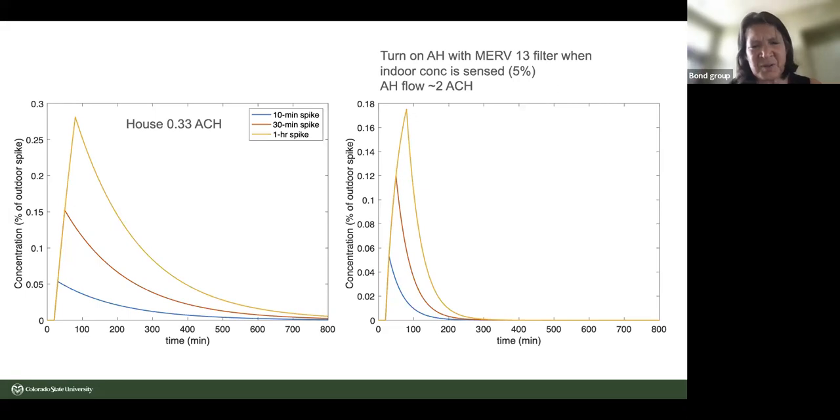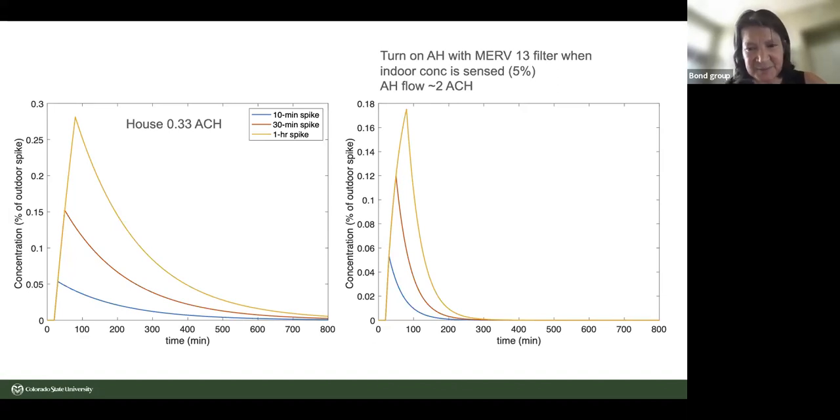Filter ratings go from low to 15 or so, and the higher the number, the better the filter is. 13 is pretty high for a furnace filter, but those filters are still not very good at removing the small particles that make up wildfire smoke. So the efficiency of this filter for this size is about half. It removes about half the pollutants every time it passes through.